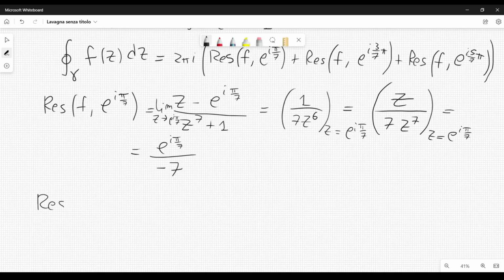Now something similar for the other two residues. We have the residue of the function f to be evaluated at e to the i 3 over 7 pi.